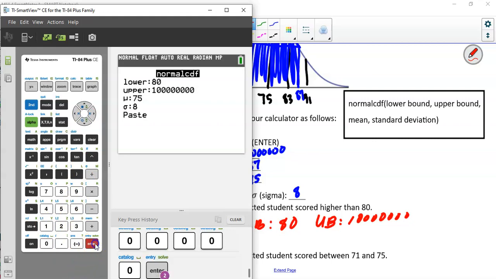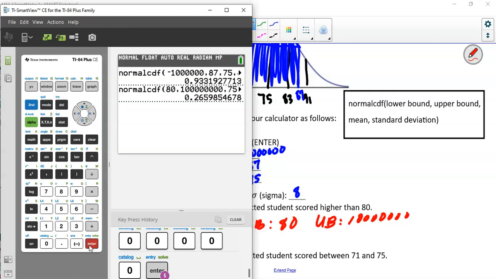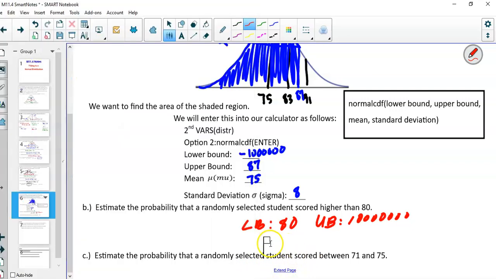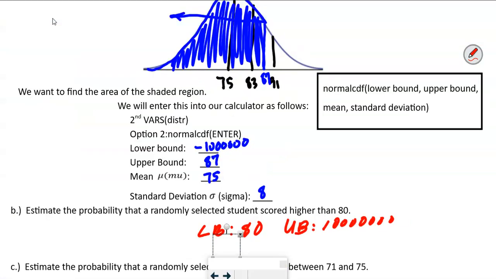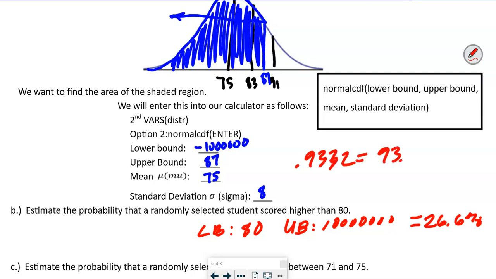And click enter, enter, enter again. And one more time. And this one is 26.6%, right? Okay? So let's click back here. So this one is going to be our 26.6%. Oh, I never wrote this one up here, y'all. It was 0.9332, which was equal to 93.32%, right?